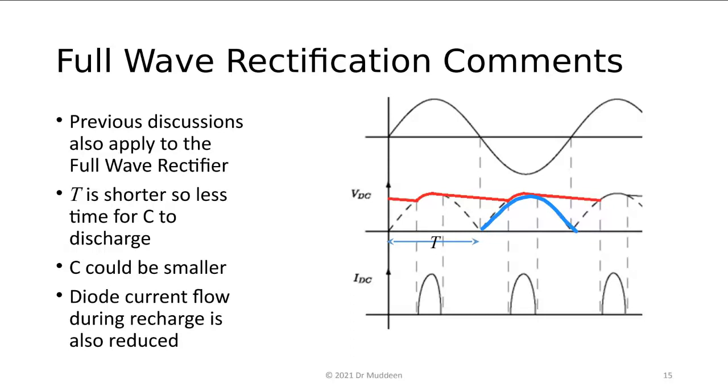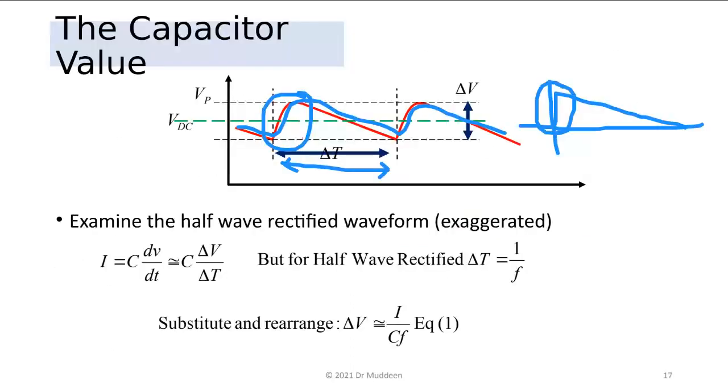And we know that the period is 1 over f by definition. So we can substitute all of that inside here, and change it around a little bit. We get that delta V, which is this fluctuation up and down, is equal to the current that you're pulling through the system, through the diode, through the capacitor, over the capacitance value times the frequency of your supply.